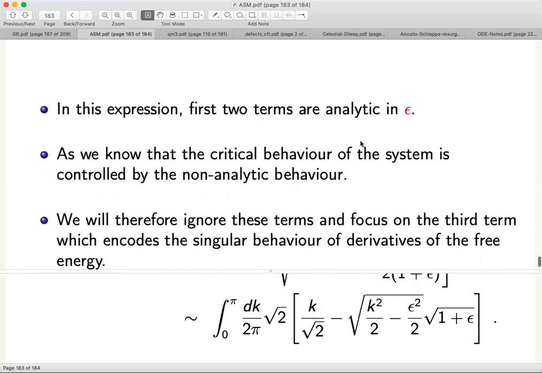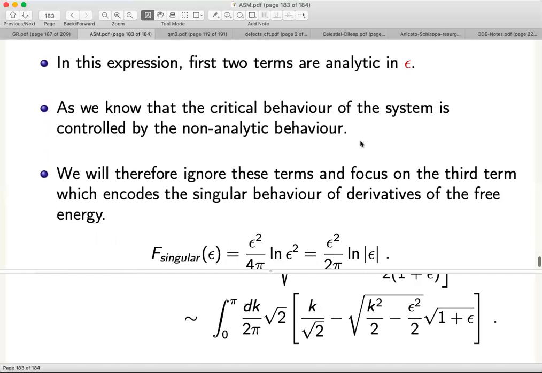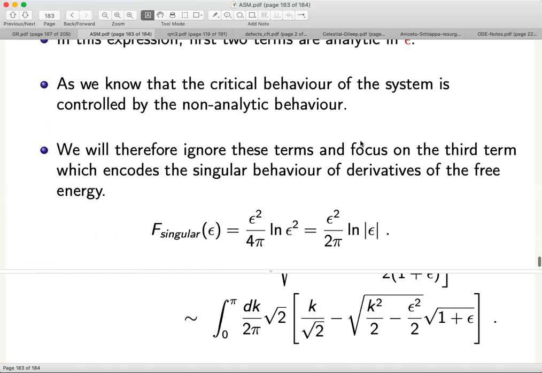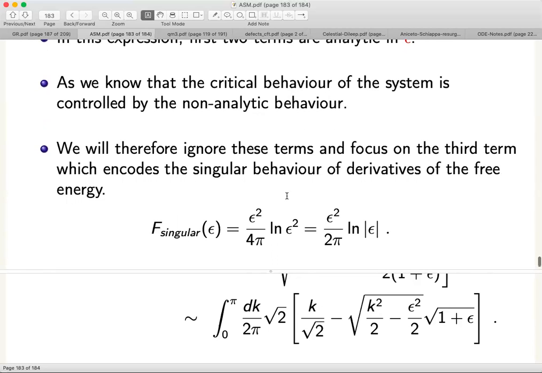So we'll ignore the terms which are analytic and concentrate only on the terms which are non-analytic. The non-analytic behavior of the f would look something like epsilon squared times log of epsilon squared. That is the kind of behavior the system would have.